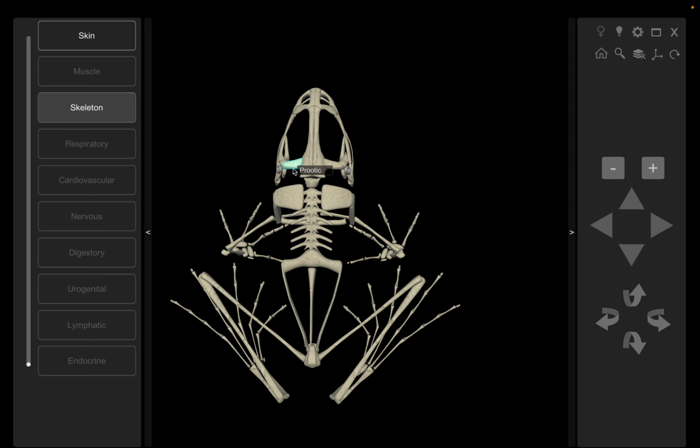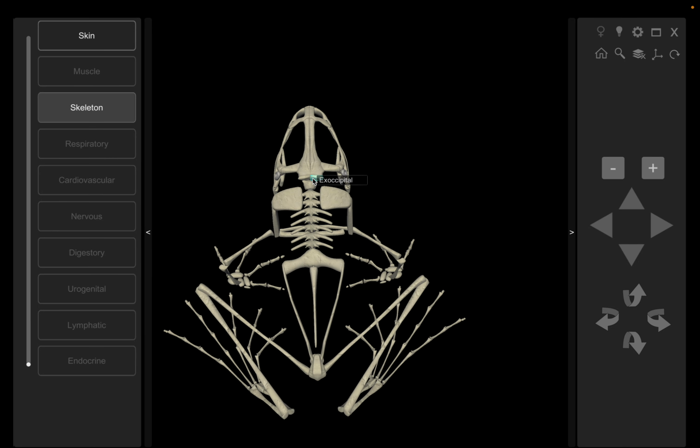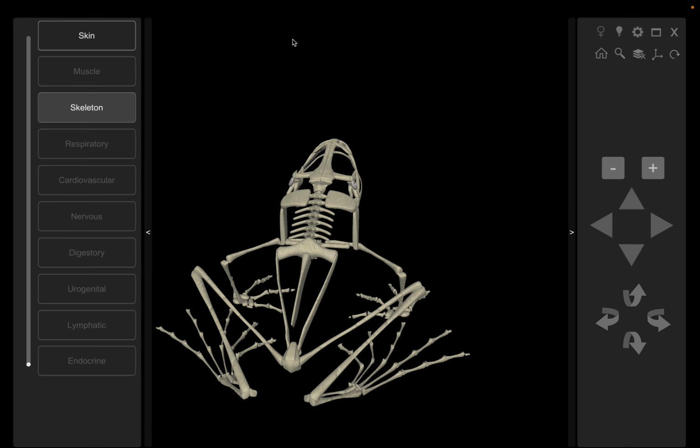Inside the neurocranium, the brain is expected to be found. If you look into this side, you expect to see that the exoccipitals have an opening here, the foramen magnum, which connects the spinal cord of the animal with its brain.